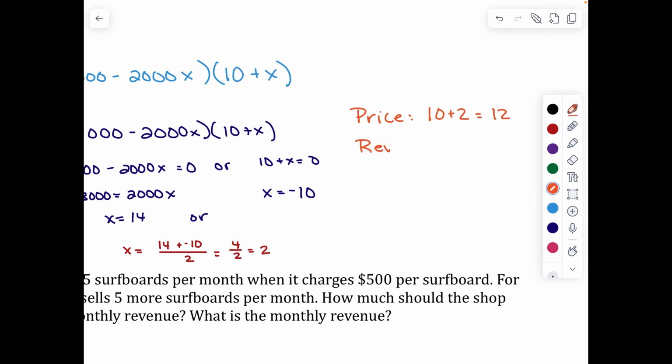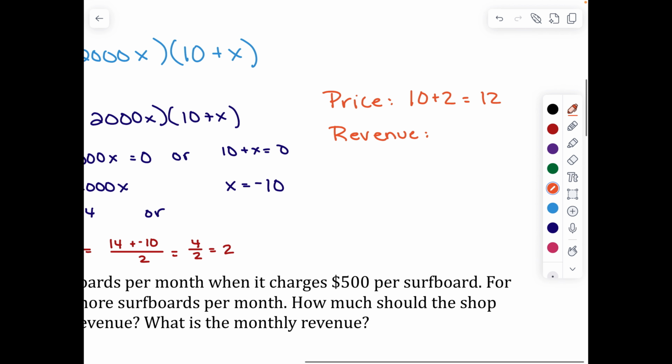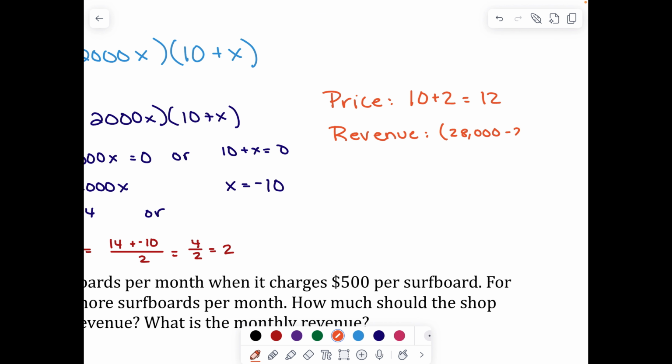For our revenue, we're just going to substitute 2 back in everywhere we see x. So we have 28,000 minus 2,000 times 2, times 12.